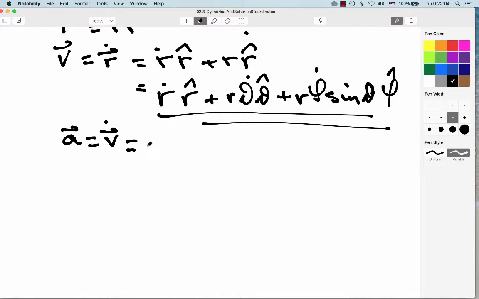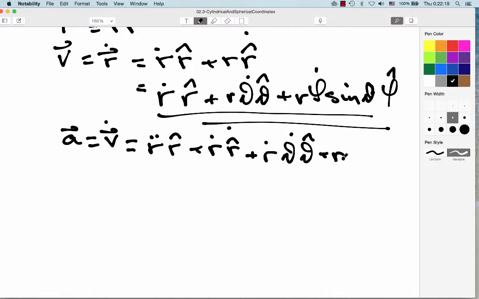So differentiating this, I'll have an r double dot r hat plus r dot r hat dot, plus this will give me 3 terms, so r dot theta dot theta hat plus r theta double dot theta hat plus r theta dot theta hat dot, plus we get 4 terms out of this bad boy. Sorry, that's just the way it goes.